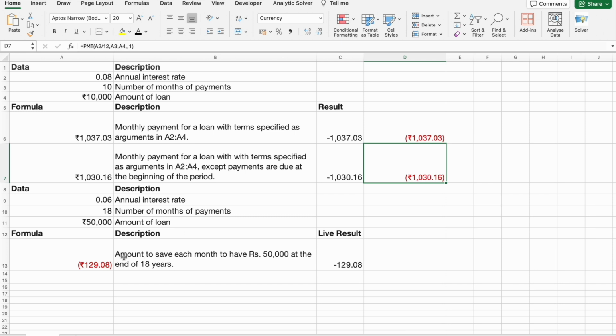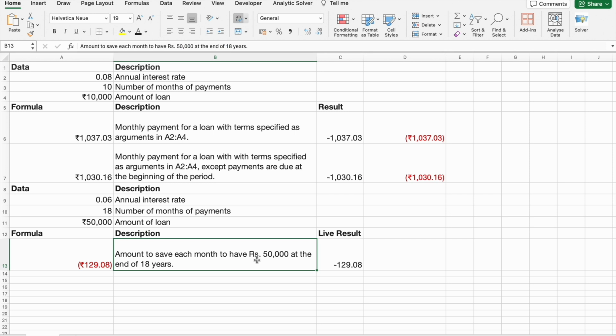Okay. So here we have another problem. Here we have to calculate the amount to save each month to have 50,000 at the end of 18 years. How much money we have to save each month to have 50,000 at the end of 18 years.